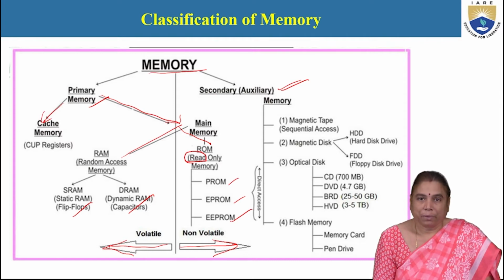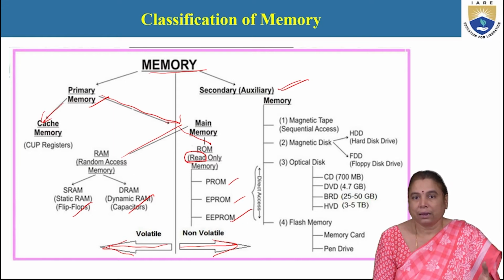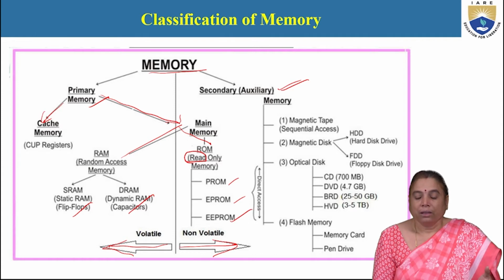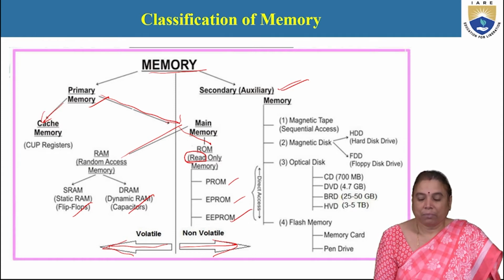What is secondary memory? When the user programs and data cannot be stored or the memory is not sufficient, then extended memory capacity is possible with the secondary or auxiliary memory.